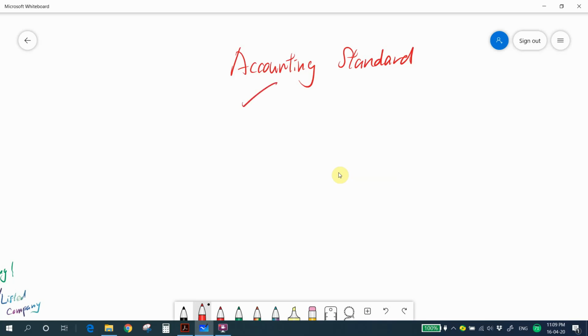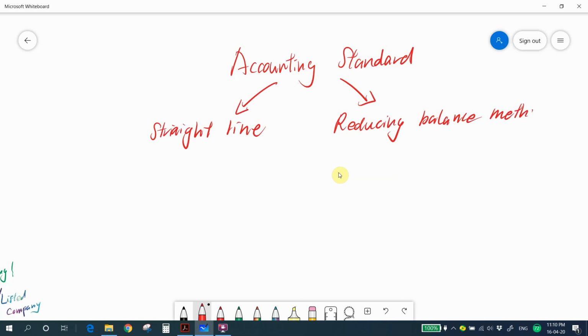For example, for the company's fixed asset, you are able to use the straight line method. You are able to use the reducing balance method. You may not understand what those methods are at this moment, but don't worry, we will cover this in chapter 5.